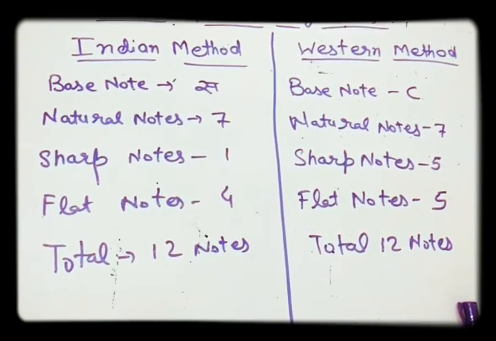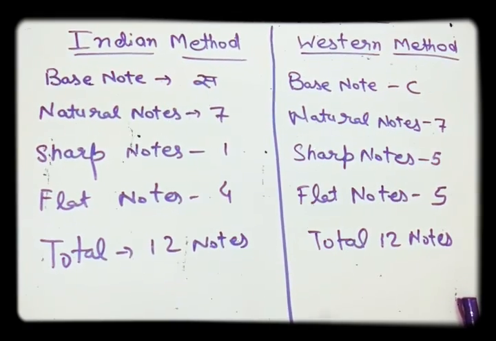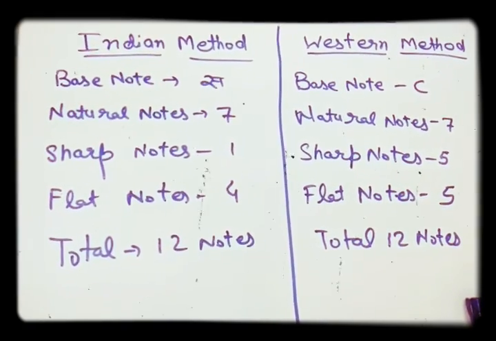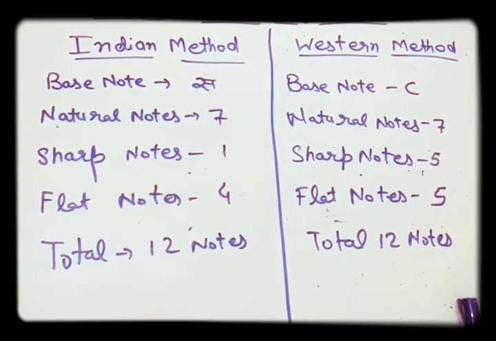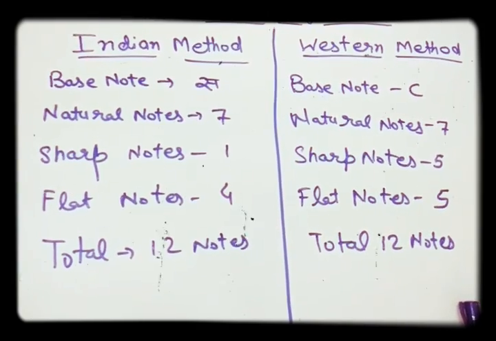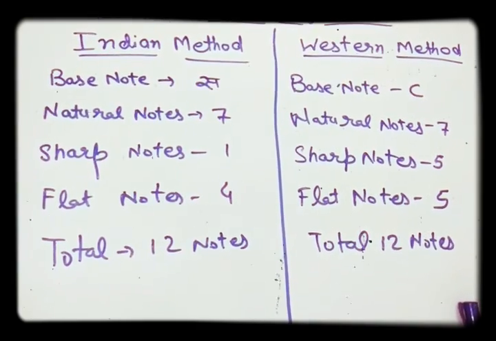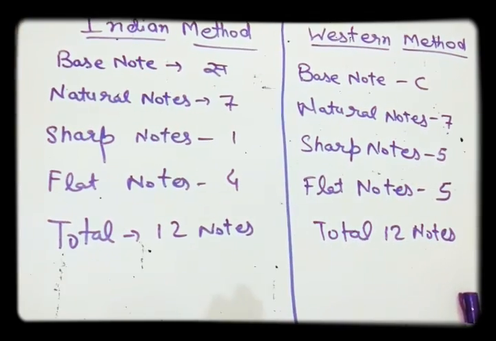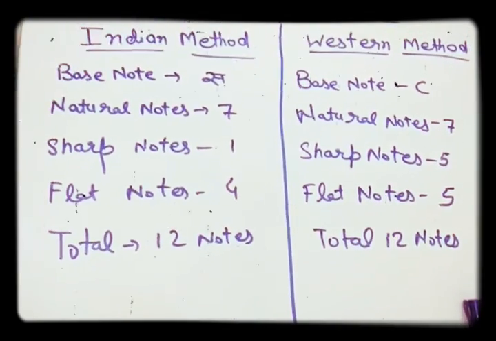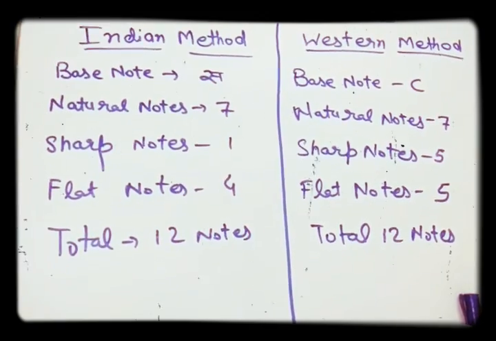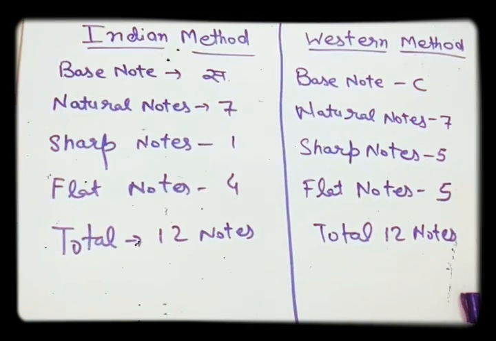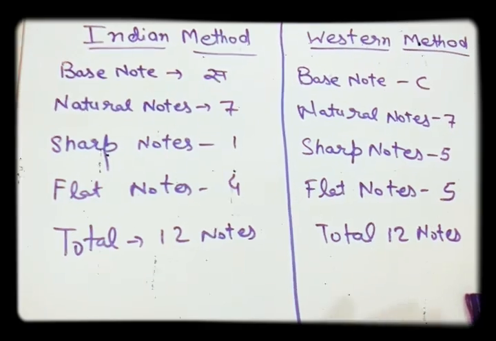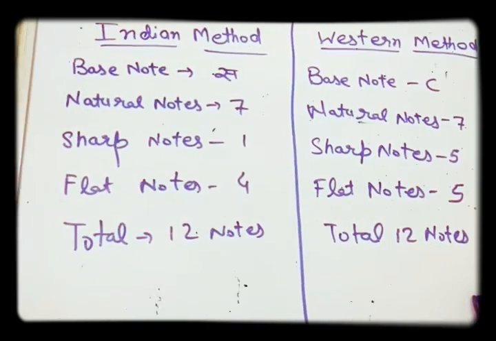Then there is one sharp note, as I've told you, the Tivra note, that is Ma in the Indian method, and there are 5 sharp notes in the Western method: C sharp, D sharp, F sharp, G sharp, and A sharp. There are flat notes, a total of 4: Re, Ga, Dha, Ni, and in the Western method there are a total of 5 flat notes. These flat notes are actually these sharp notes only, but in a different form.